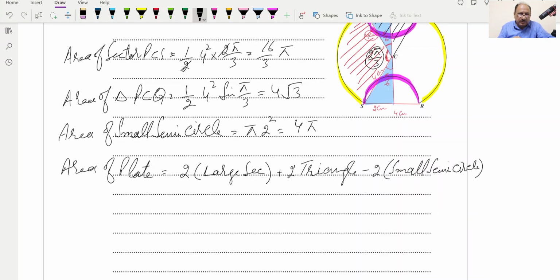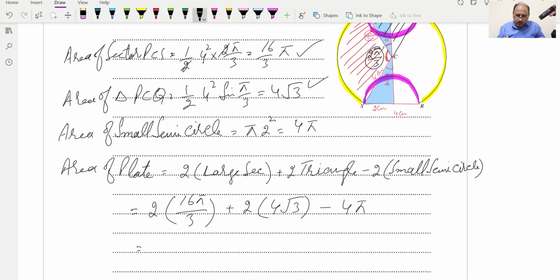So this will give us the complete area of the plate. So 2 into large sector is 16 pi over 3, and plus 2 into triangle, we have calculated 4 under root 3. These are the values which I am taking from here, and minus 2 into this will be what? Basically we can take directly 4 pi.